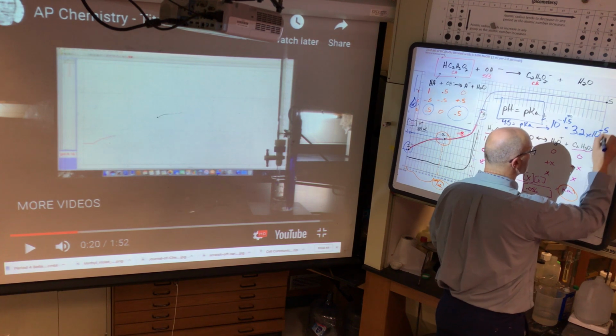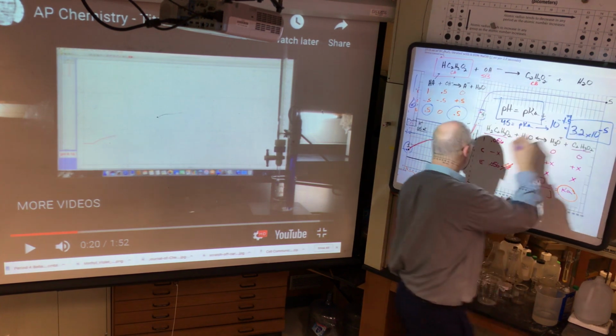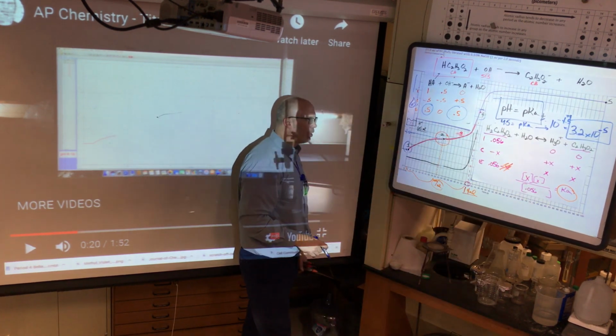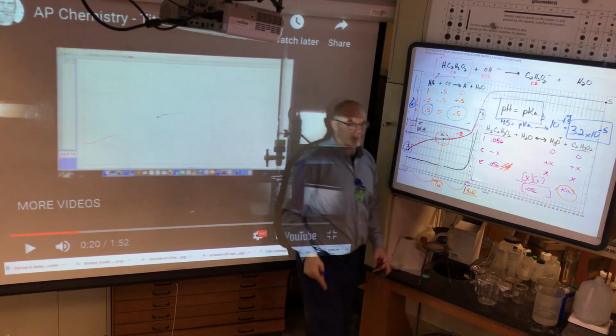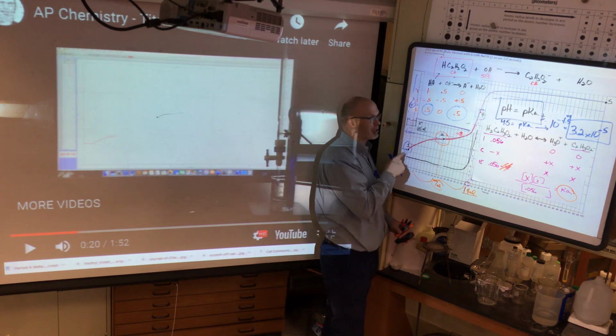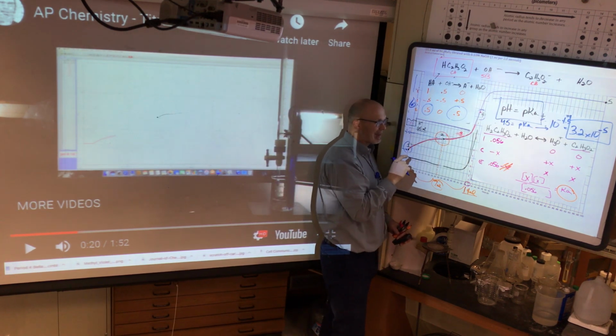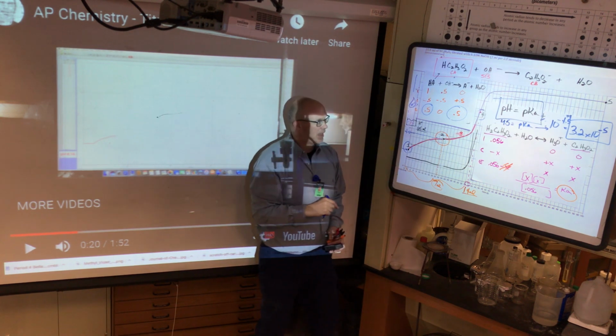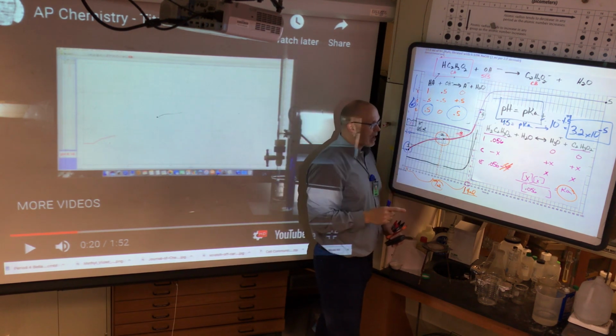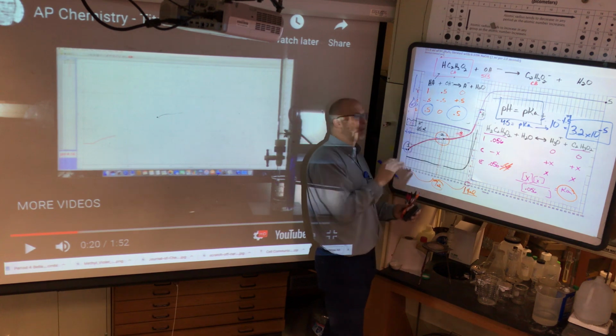Party people, that's my Ka. I was able to use that point. Cool. There's something else besides the net ionic equation. Besides finding the initial concentration using the equivalence point, I now can find the Ka of the acid, by doing pH equals pKa. Pretty important.